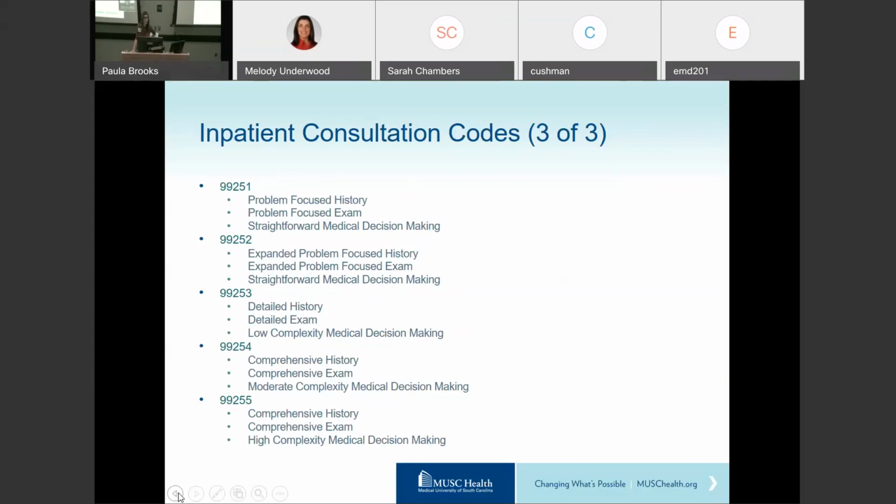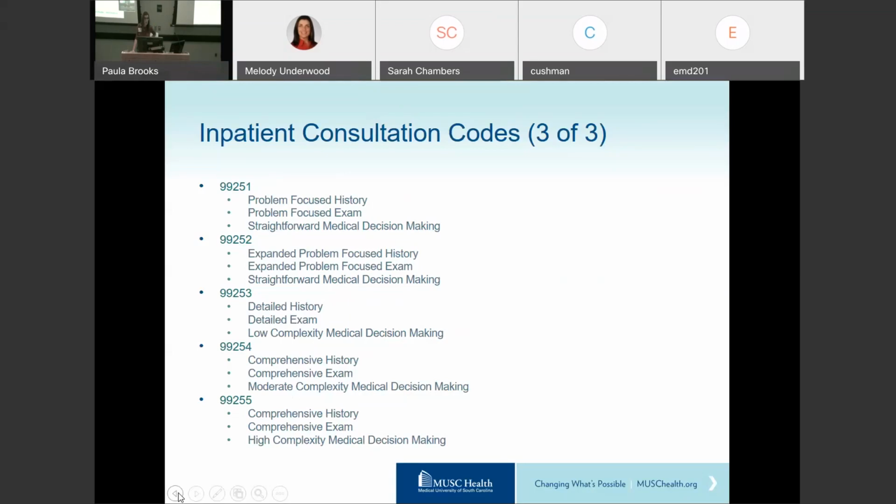For 99253, a detailed history, detailed exam, low complexity. For 99254, a comprehensive history, comprehensive exam, moderate complexity medical decision-making. And for a 5, a comprehensive history, comprehensive exam, and then again, high complexity.